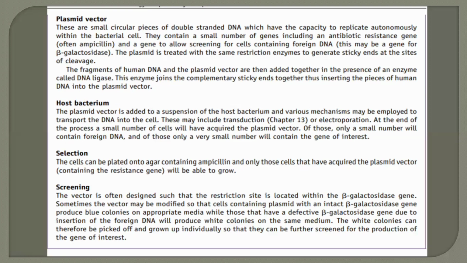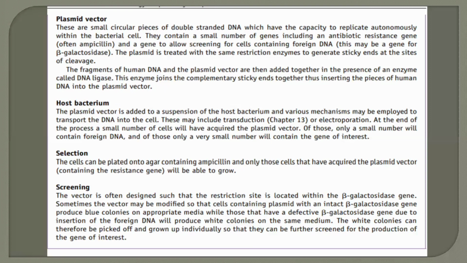And from this, we are going to do the screening. In this process of selection, screening is done so as to identify the best combination that can be transferred into the host bacterium. What is selected is a white colony.